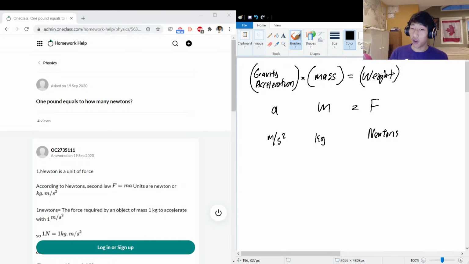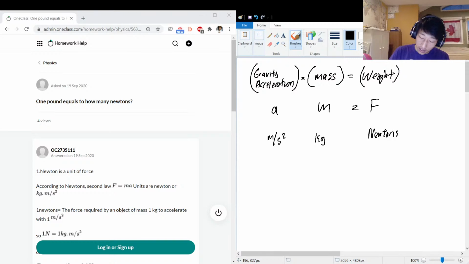Now a pound, we typically think of as how heavy something is. If I weigh 180 pounds, and I ask a European friend, they're going to say, oh, I weigh 80 kilograms. It's actually a little bit confusing because if you say you weigh in kilograms, it's not actually right. You should say that your mass is 80 kilograms.